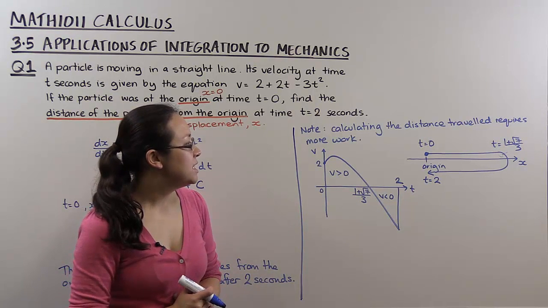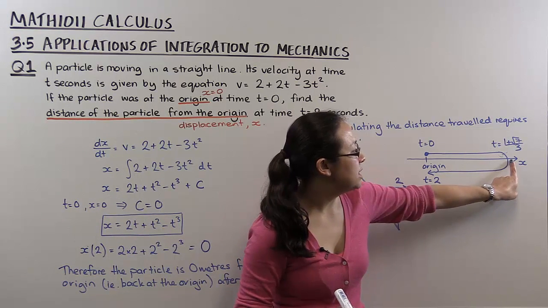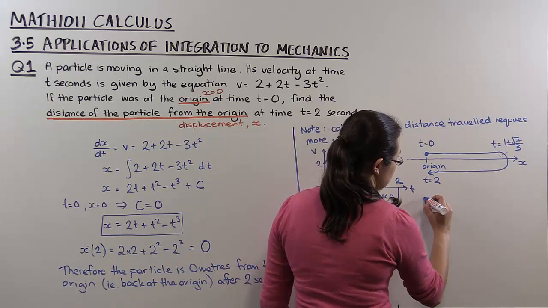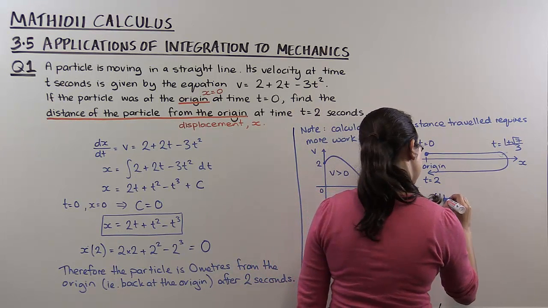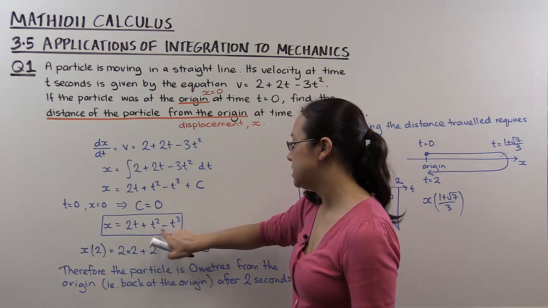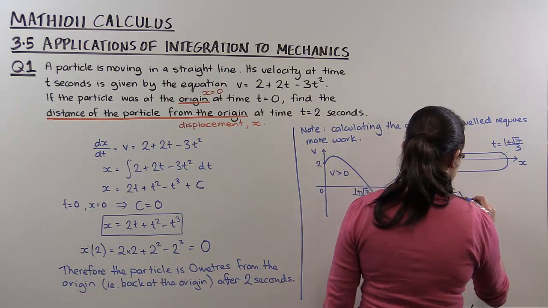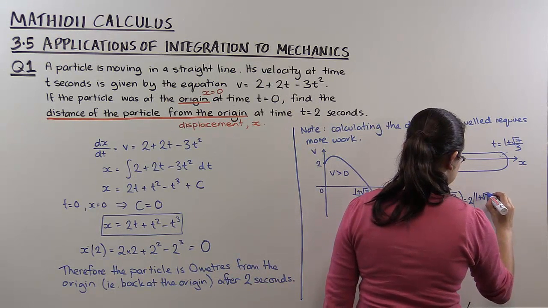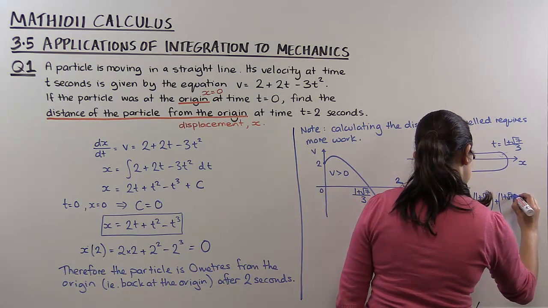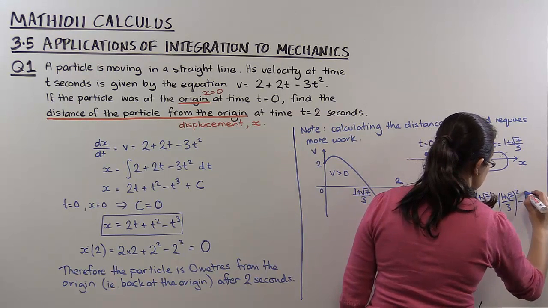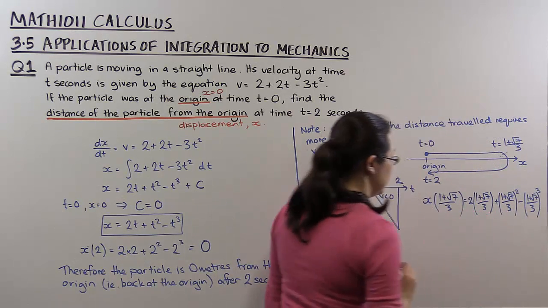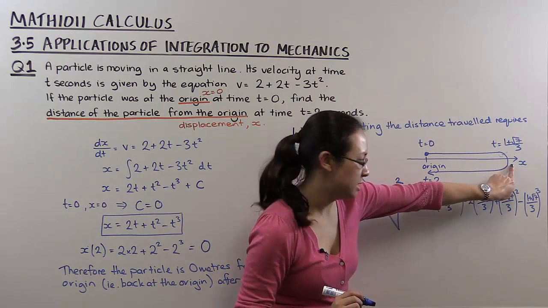If we want to calculate the distance travelled, we need to know its displacement here. We need to know where it is at (1 plus root 7) on 3 seconds. We can calculate that because we have an equation for displacement. The equation for displacement is 2t plus t squared minus t cubed. So if we calculate 2t plus t squared minus t cubed, then we will calculate its position, its displacement there.